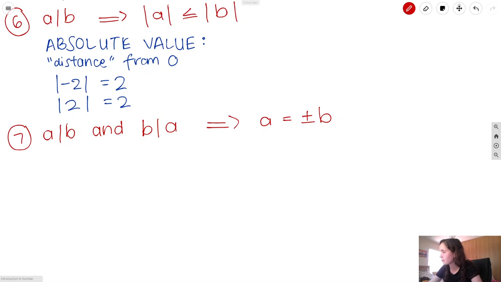So with the sixth property, we know that this will be true, and this also means that this will be true. So now we have this and we have this, which means the absolute value of a is equal to the absolute value of b, in other words.